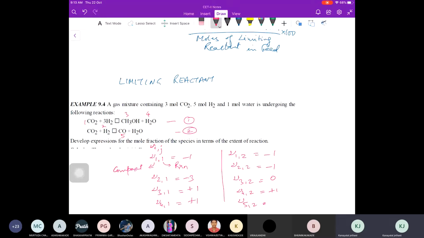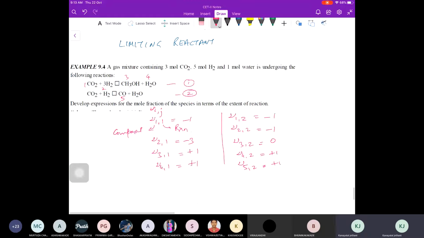What will it be? +1. +1. So now there has to be a nu 5 in the first reaction also, right? There cannot be something without something, right? So what will nu 5 be in the first reaction? 0. 0. So you have to write nu for each component in each reaction.